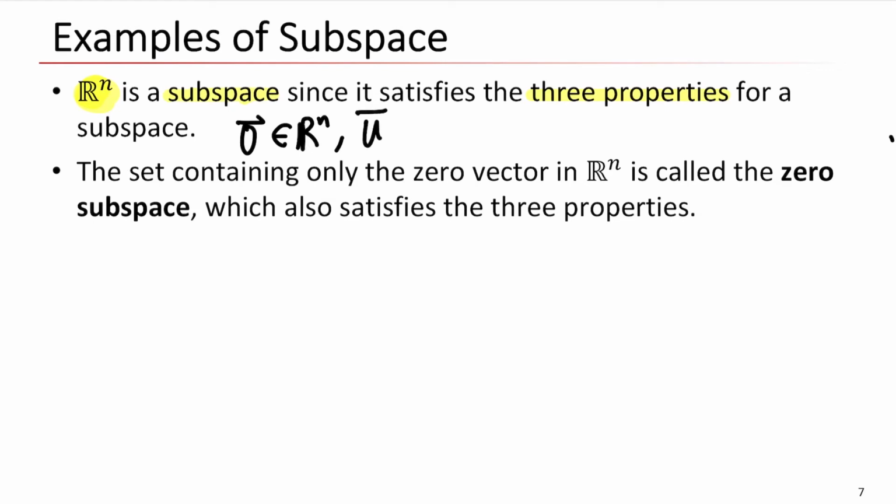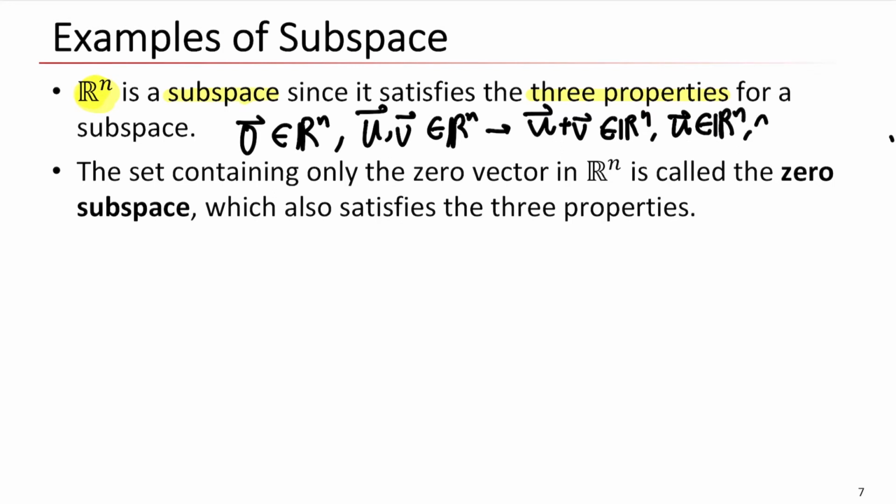And vectors u and v in Rn space satisfy that u plus v is in Rn space, right? And for u in Rn space and c a scalar, c times u is still in Rn space. So this Rn space is a subspace.